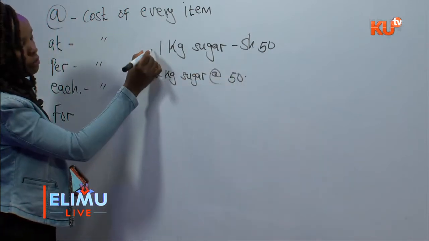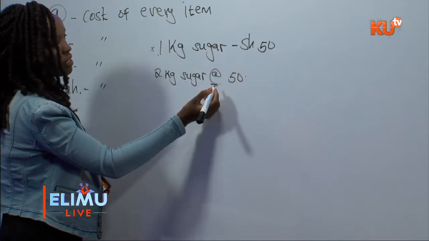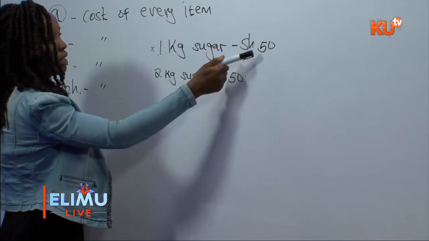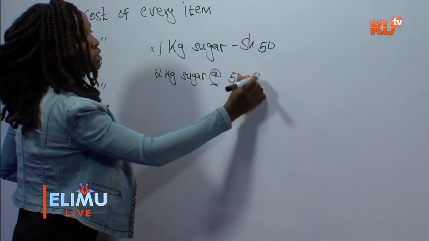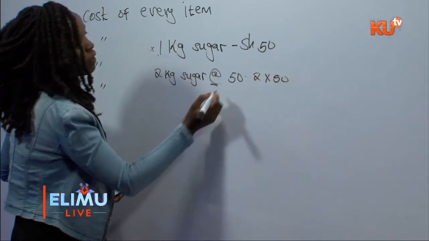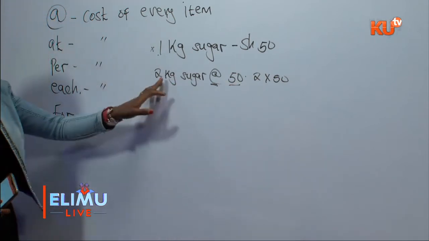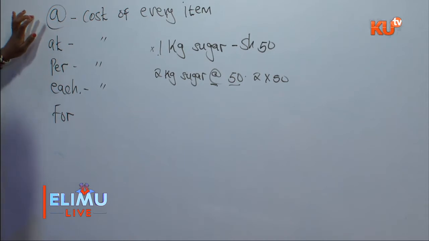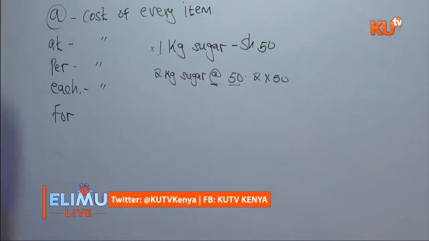That means, because here we have been told that 1 kg costs 50 shillings, this at here represents 1 kg of sugar at 50 shillings. So you're going to take the 2 kgs, you multiply by 50, because this 50 is the cost of 1 kg of sugar. So at, per, each means the cost of every item. And for you to get the total cost of all those items, you are required to multiply.